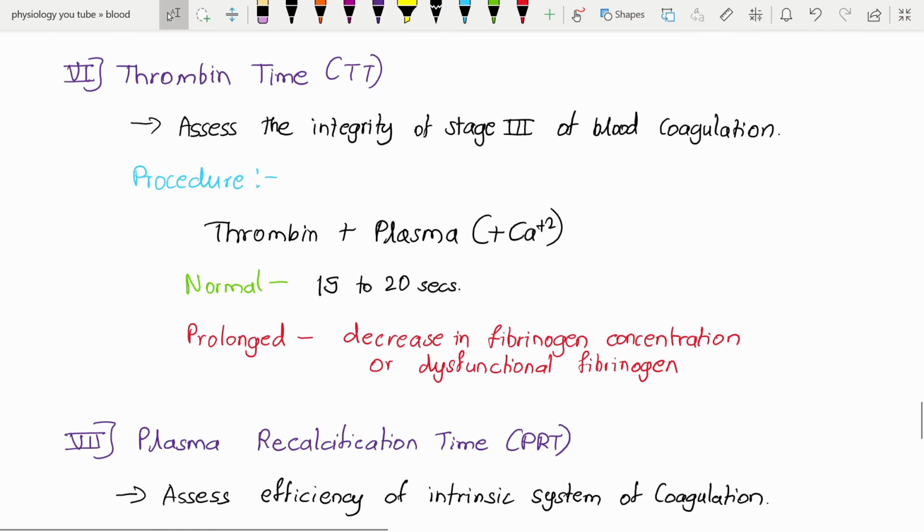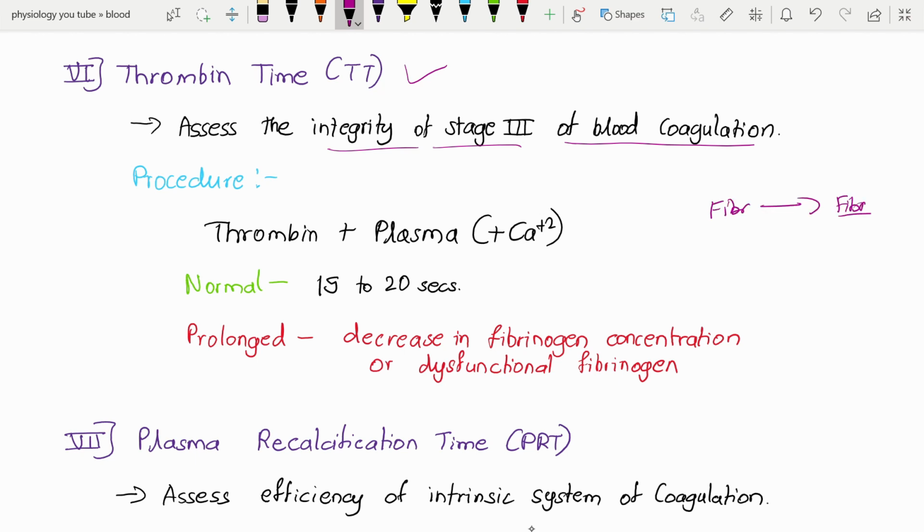Okay, next comes the thrombin time. It is to assess the integrity of stage 3 of the blood coagulation. So what is stage 3? Fibrinogen to fibrin. What do we require for this formation of fibrinogen to fibrin? We require thrombin.